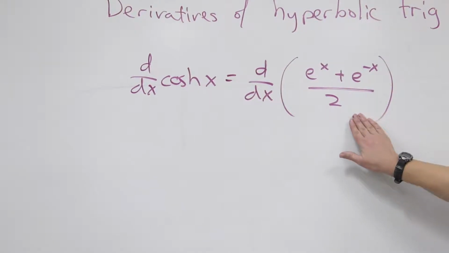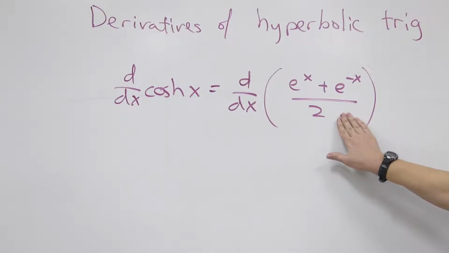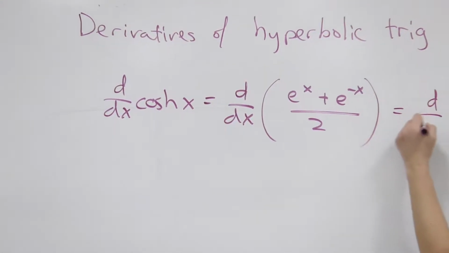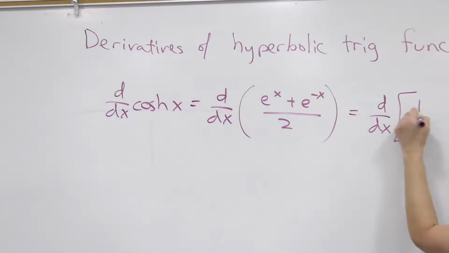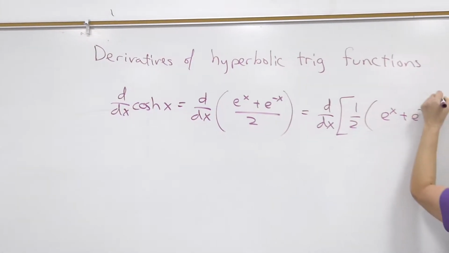You might be tempted to use quotient rule here because this is a quotient, and you could, it wouldn't be wrong, but it's much more efficient if we use the constant multiple rule, because this is really just 1/2 of e to the x plus e to the negative x.